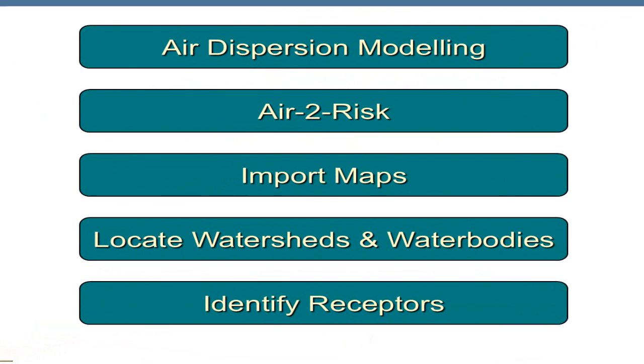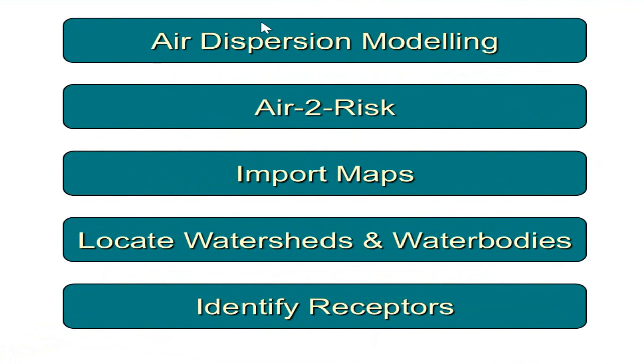The process for the risk assessment starts with the dispersion modeling. We then have to pass information from the air dispersion model to tools that will import the results from air dispersion models into the risk assessment model, and then we need to import maps. Remember that both dispersion modeling and risk assessment are spatially distributed.